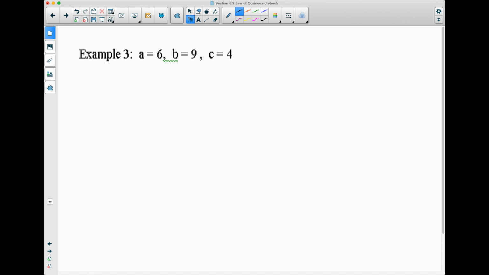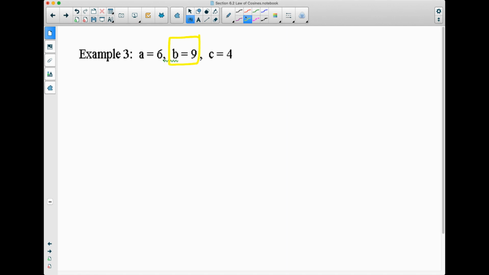Now, the hardest part on these problems is remembering your order of operations. Okay, so huge letters, whatever you need to do to write it on your notes: you are always going to start with the largest side.